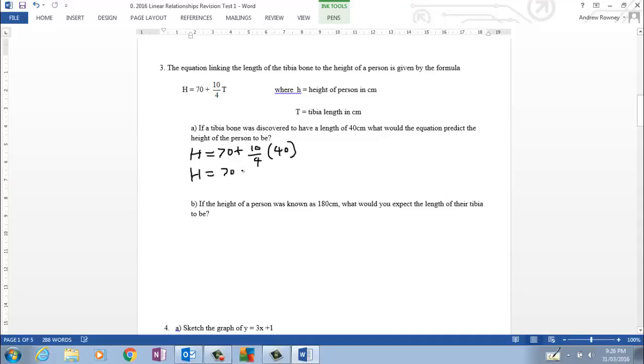Now 10 times 40 is 400 divided by 4 will be 100, and so h equals 170 centimeters.